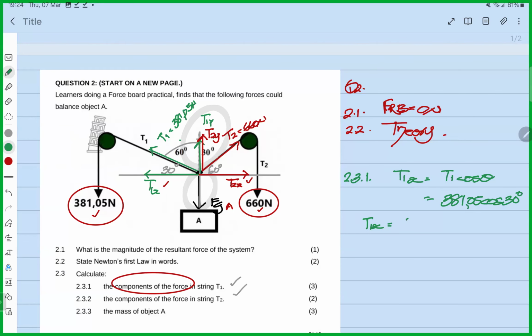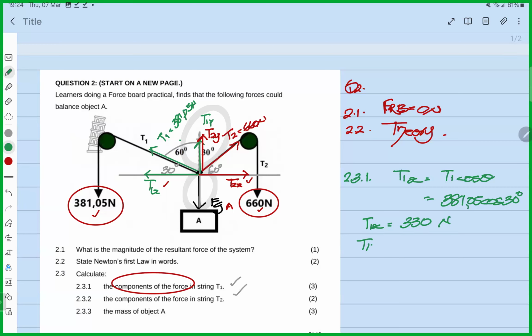Exactly. So 330 newtons exactly? No, rounded off, sir. What? 329.99. Okay, so what's the third decimal? 998. Okay, so it's 330 exactly then.